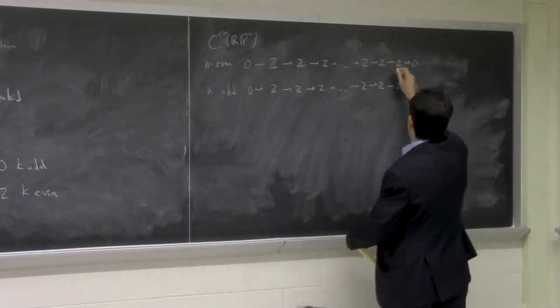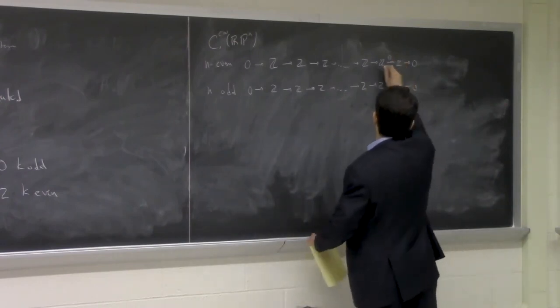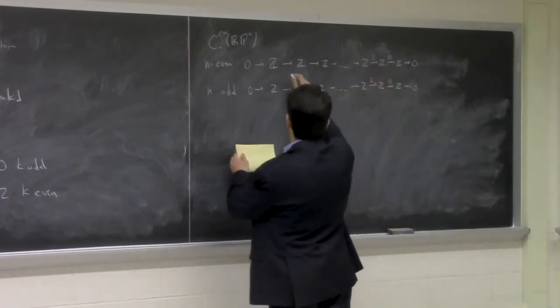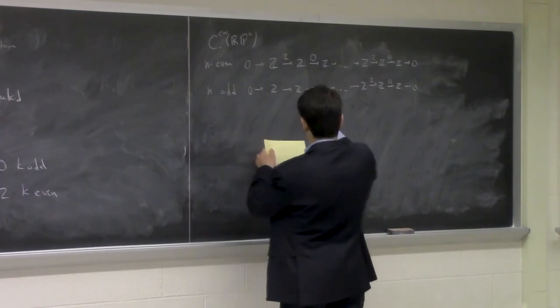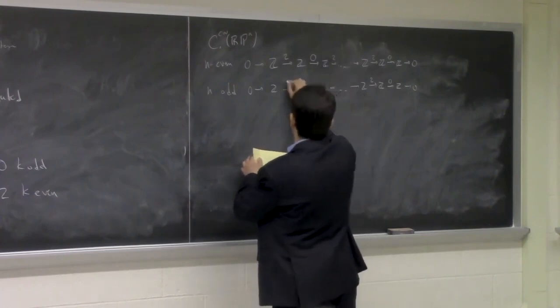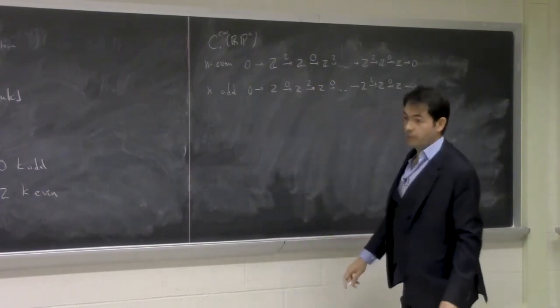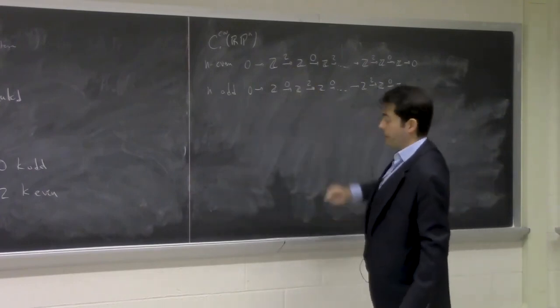So this last map is always 0. The one before it is always 2. What's different is just where you stop. If n is even, then you start out by multiplying by 2, whereas if n is odd, then you start out with a 0 map.